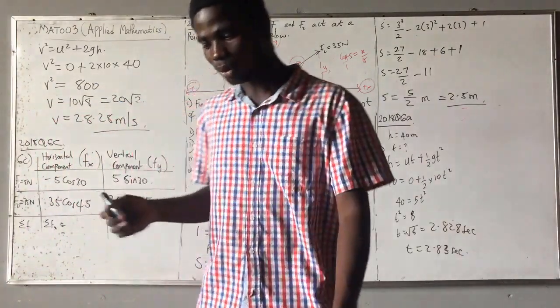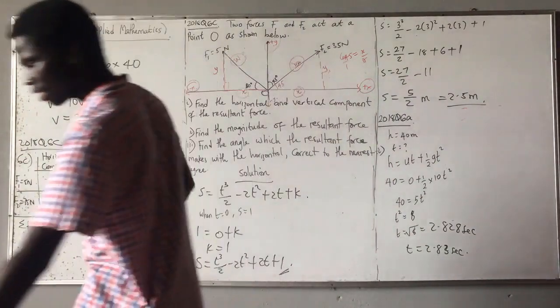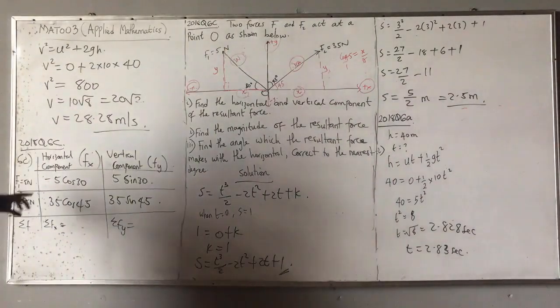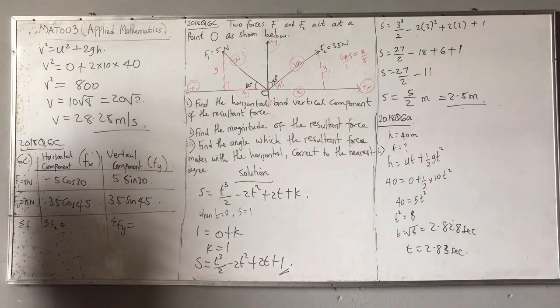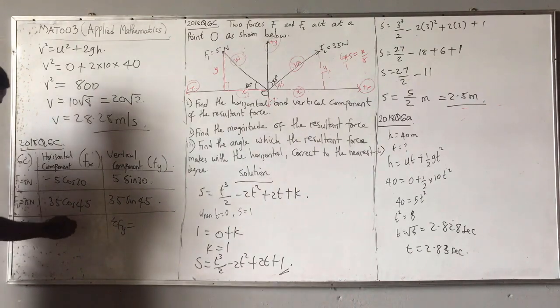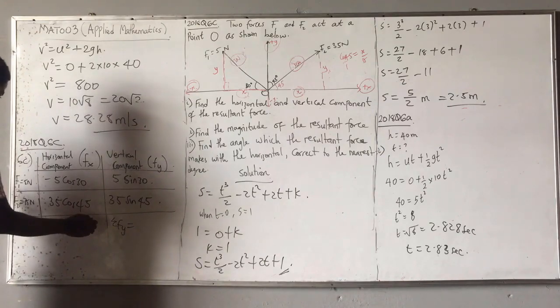So you will now sum these two things together. You will sum minus 5 cos 30 plus 35 cos 45. So the answer is 20.4186.